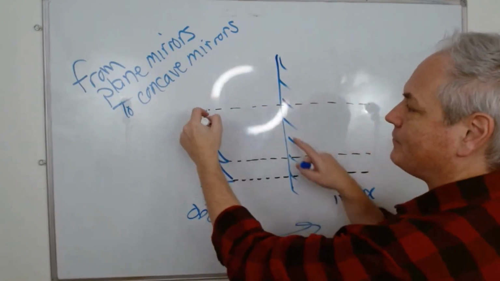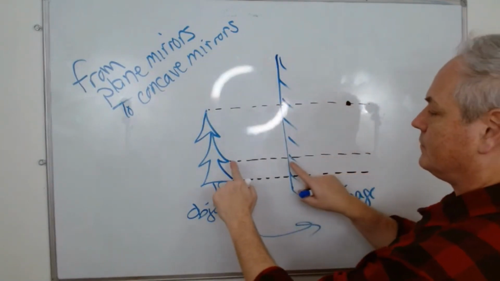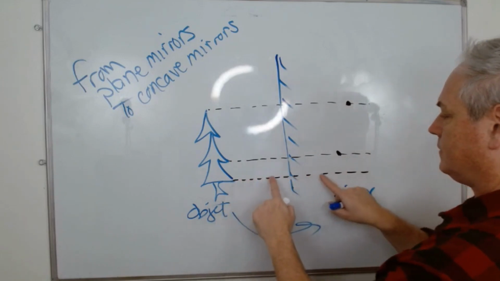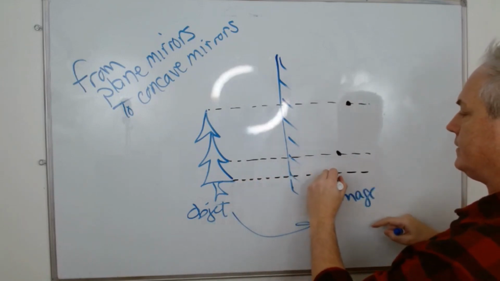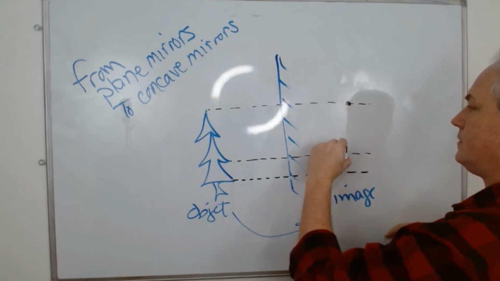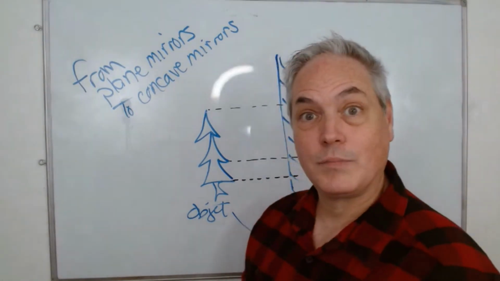And you know that if we have this distance here, we have the same distance like this, and like this. Okay, let's see if I can do a better drawing than that.